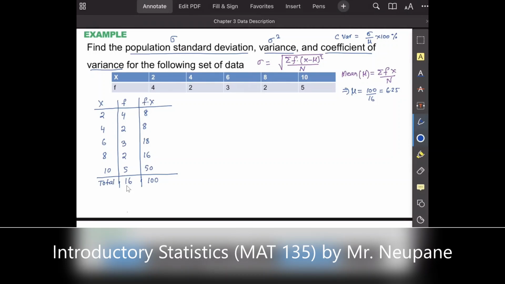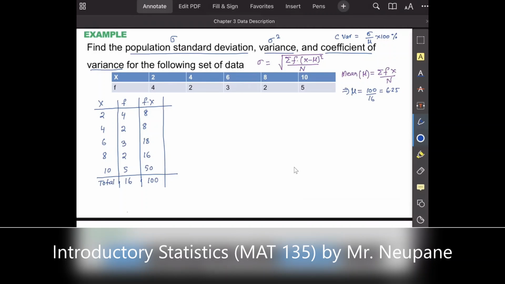So we got the mean. This is what we know from last class. But what we are exactly looking for is (x minus mean) squared, and we have to multiply by f. That is exactly what we are looking for. So let's do that here in the next column.